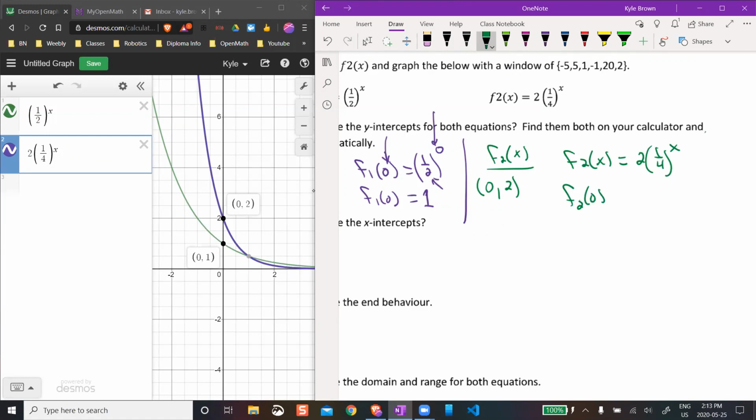I'm just putting 0 in for x. That's going to be 2 times 1/4 to the power of 0. That part of it is just 1, so this is really 2 times 1, which is just 2. So that's where we get this from again. Or you could have just looked at this from the beginning and said that this has a y-intercept at 2. It's just the number out front, and it always will be.